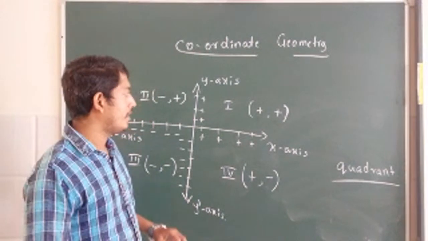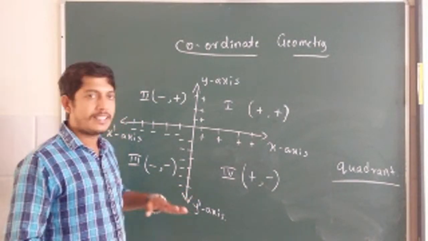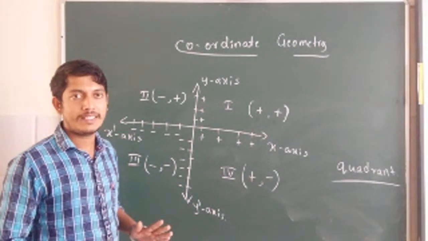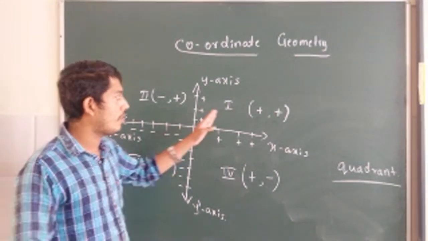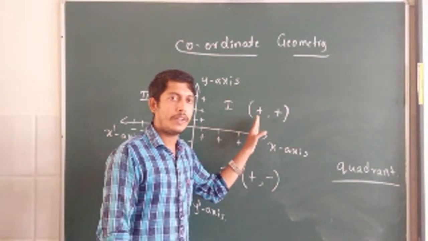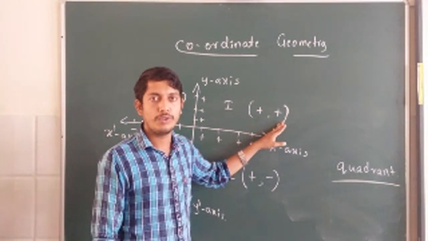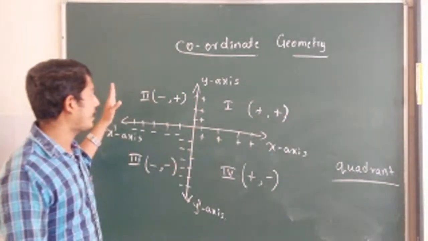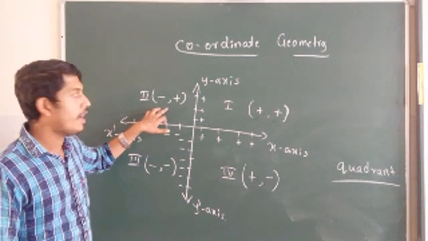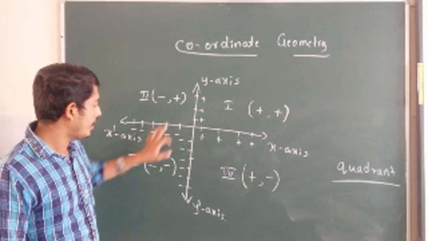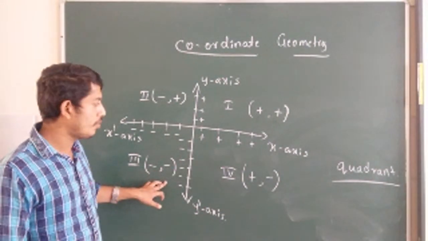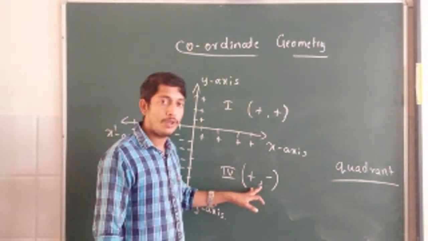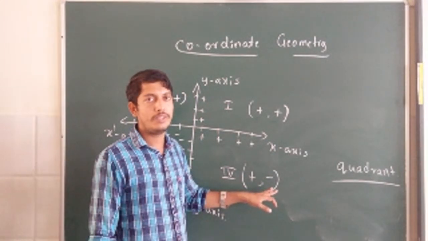The axes, that means x-axis and y-axis, form four quadrants. So in the first quadrant, abscissa value is positive and ordinate value is positive, and in the second quadrant abscissa value is negative and ordinate value is positive. In the third quadrant abscissa value is negative and ordinate value is also negative, and in the fourth quadrant abscissa value is positive and ordinate value is negative.